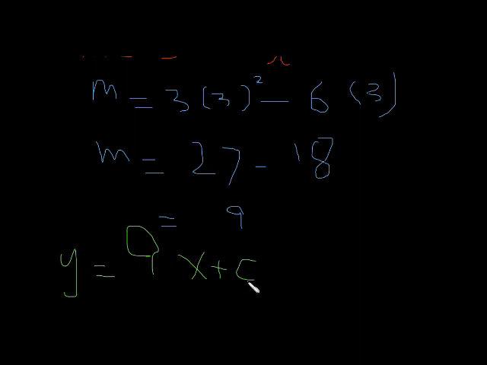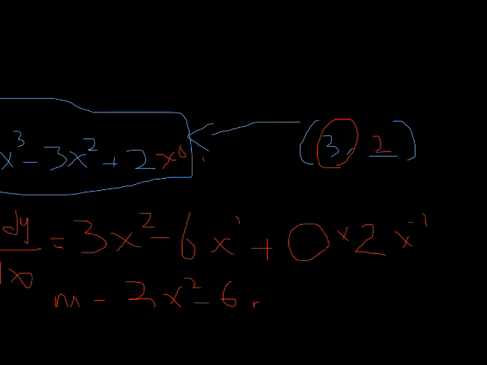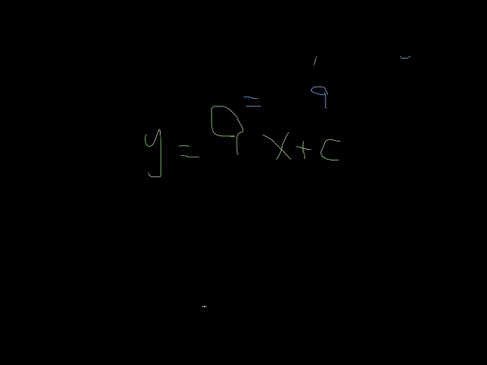This is the equation of the tangent. Now only c is to be found. Back there we have the values that y is 2 when x is 3, and we'll use these values to find the y-intercept, which is c.